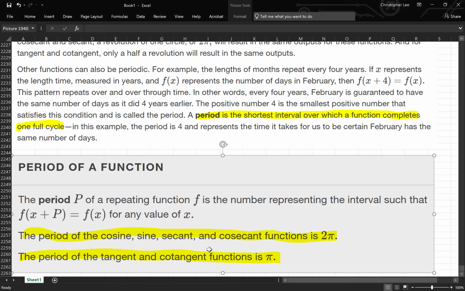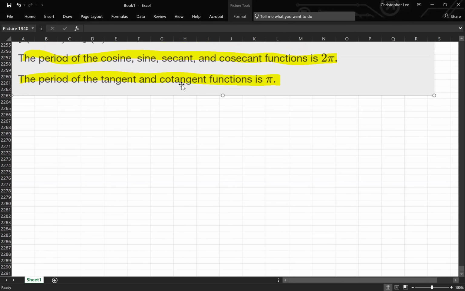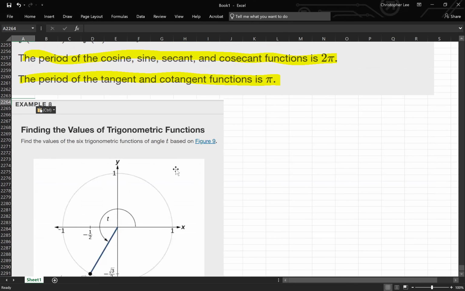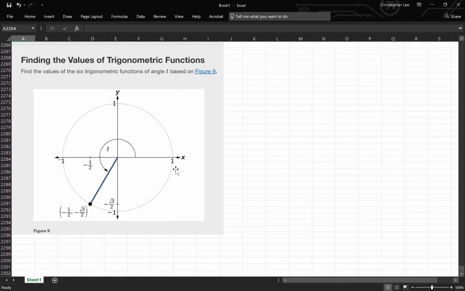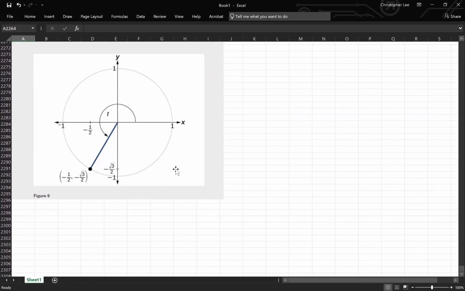Let's look at an example real quick. Look how easy this is.